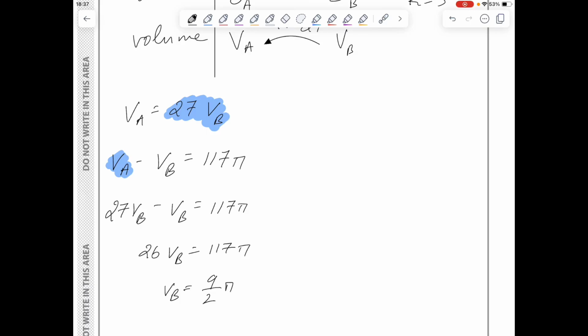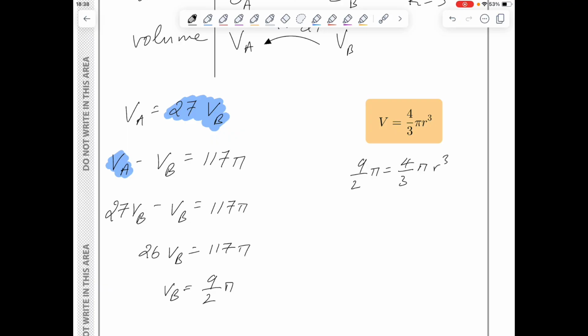Next, I'm going to use the formula for the volume of a sphere, which is the following. And together with the volume I found, 9 over 2 pi, I'm going to set up another equation where R is equal to the radius of the smaller sphere. And this is what I'm trying to find.